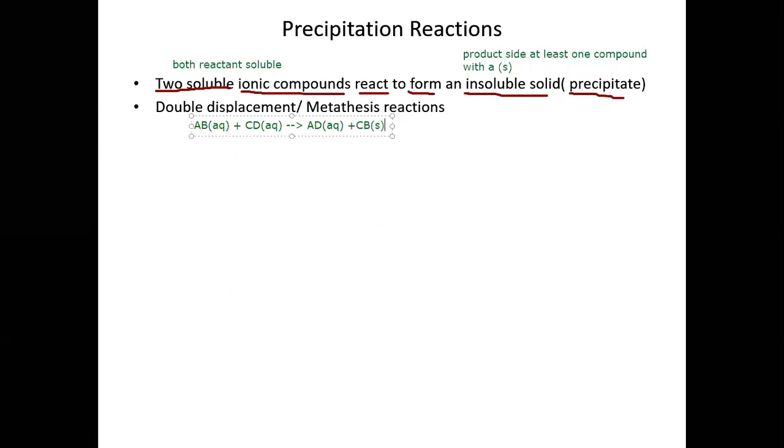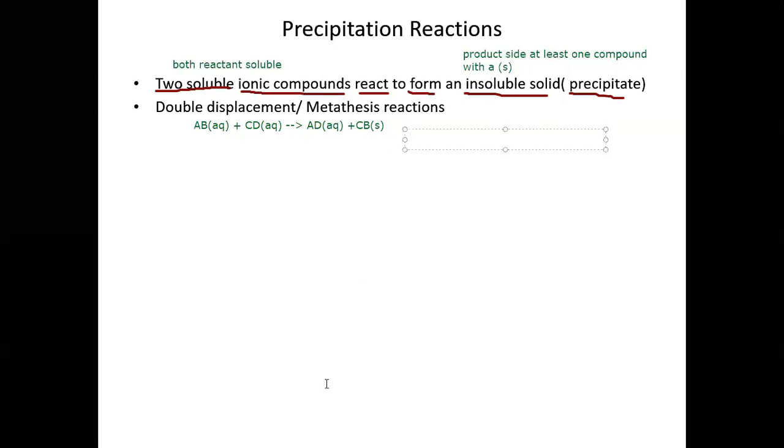And for precipitation, at least one of those products has to be a solid. So this is the general form of a double displacement precipitation reaction. You have two reactants that are aqueous, you switch the cations, and you form two new products. At least one of those products has to be a solid. Now we'll see in a later lecture that you can sometimes have two products that are solids, but a minimum of one needs to be a solid.